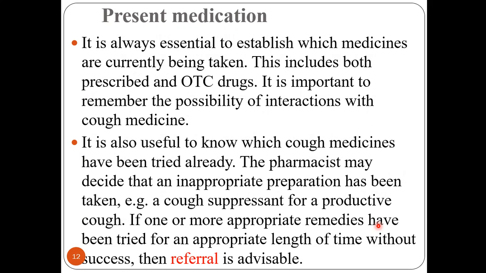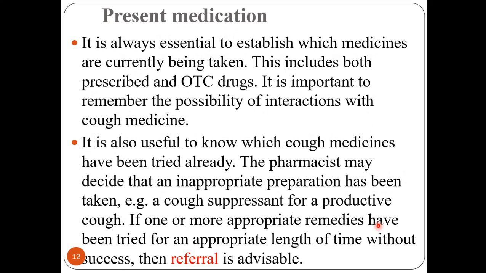It is also useful to know which cough medicines have been tried already, because the pharmacist may decide that an inappropriate preparation has been taken. For example, a cough suppressant for a productive cough. If the patient is still suffering from the cough although he is taking a cough syrup, you should ask him what cough remedies have been used.